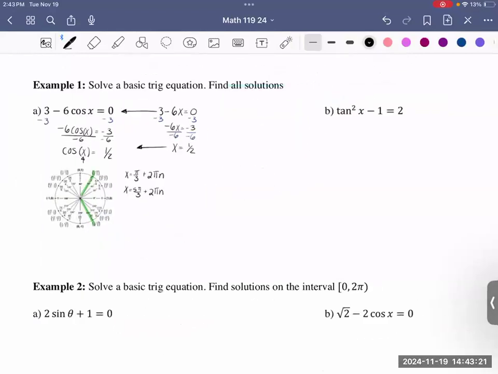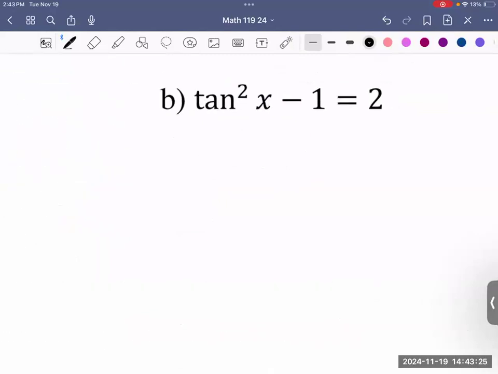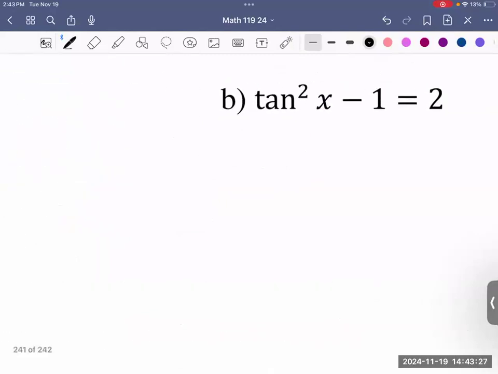Now let's have you guys try the next one, B. Again, treat this as you would if we had x squared minus 1 is equal to 2. What would you do here? We would have added the 1, so we're going to do that over here as well.